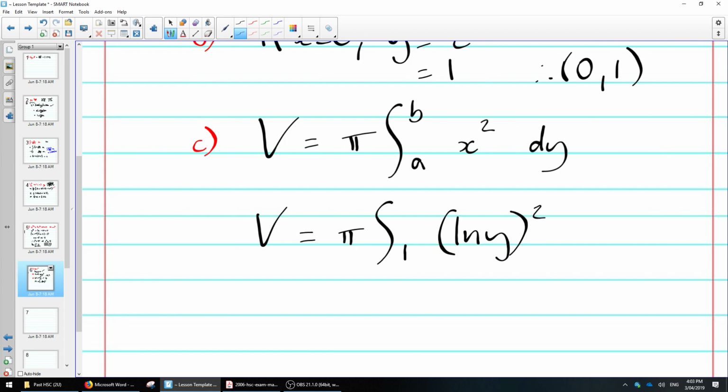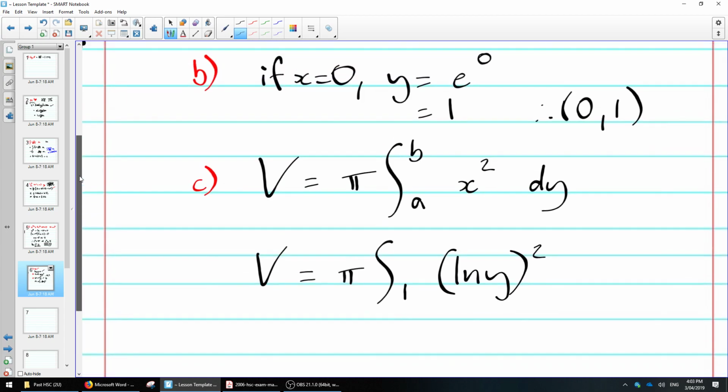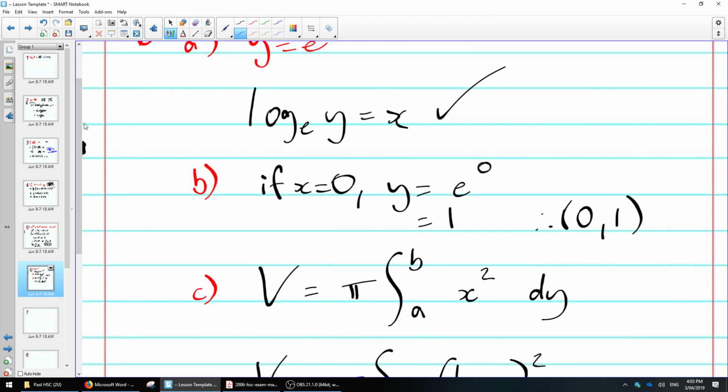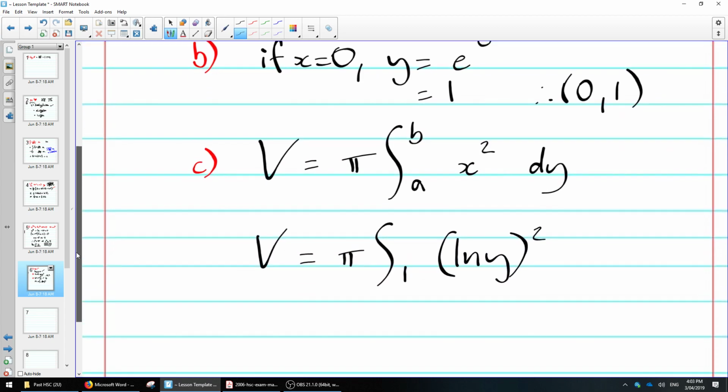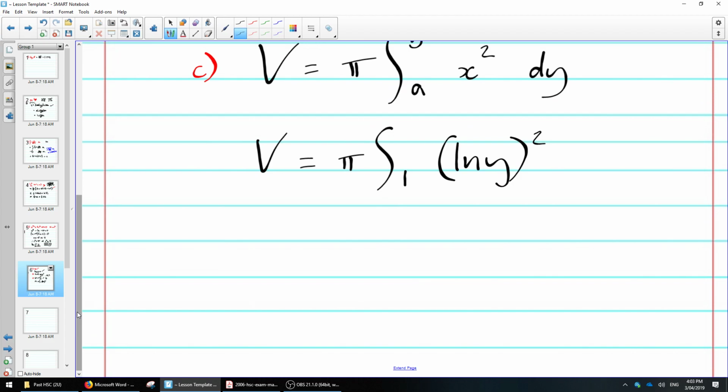Why is it in y? Because remember in part 1 we said that x equals ln y. But we need x squared because we're rotating around the y-axis. This is dy, and the other thing we need to find is what's that boundary point up there? It's 5.